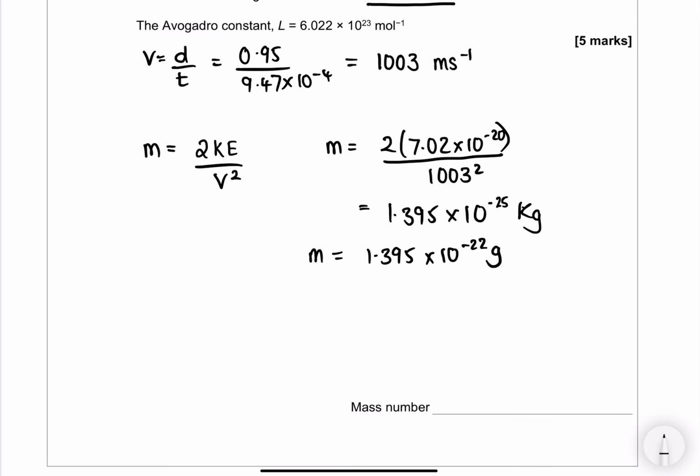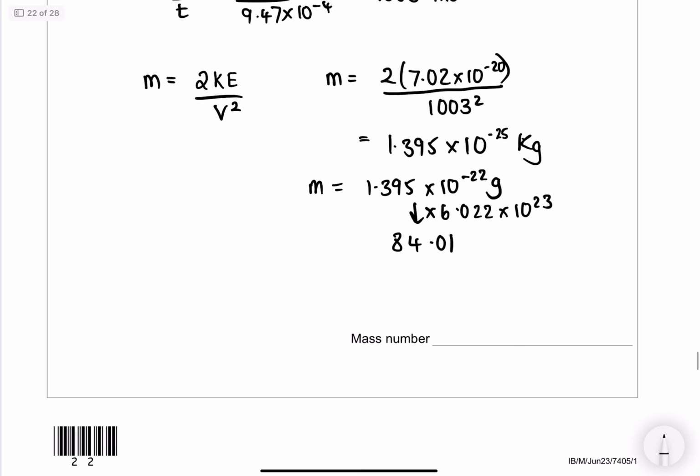Now that's the mass of one ion. So I'm going to times by Avogadro's to find the mass of 1 mole. And I'm getting 84.01. Now that's not a mass number, because mass number is number of protons plus neutrons, and so I need to give a whole number answer because this is mass number.